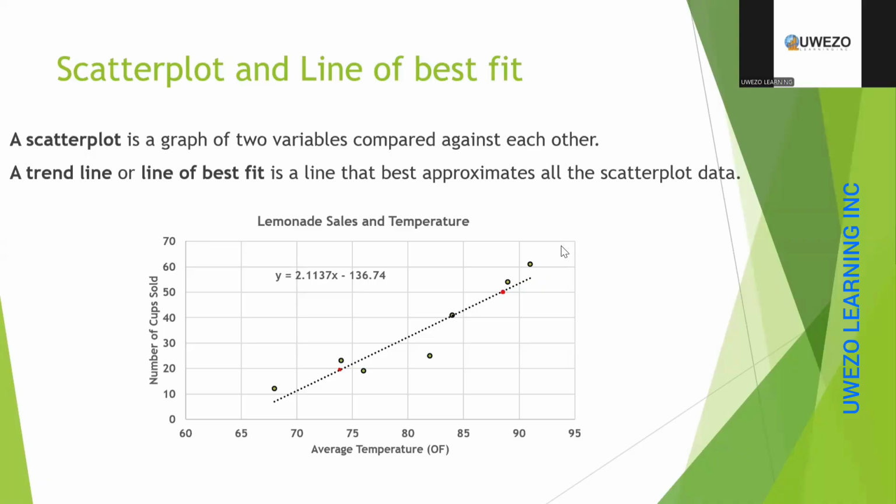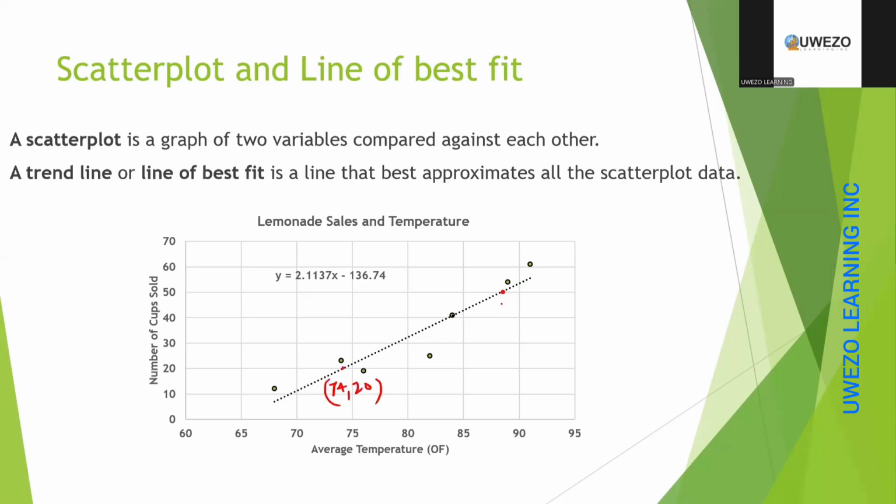To calculate the equation for the line of best fit, we can pick any two convenient points on the line and then apply the slope formula. And also you can use Desmos to get the line equation. In this example, we can pick these 2 points where the corresponding x and y values are approximately 74 and 20 for this point.